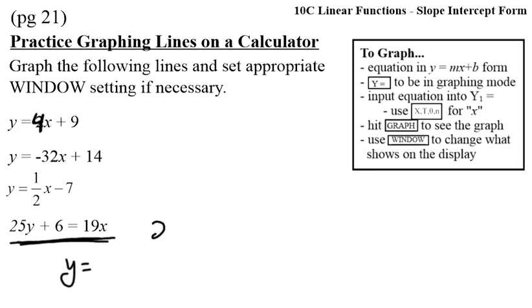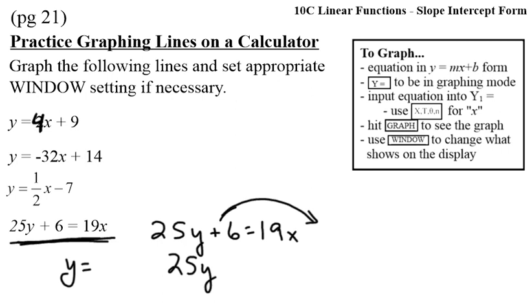So what do I have to do in order to isolate the y? Well, first I need to move my 6 over. That'll leave me with 25y. If I take a positive 6 and move it over, I'm still going to have my 19x, but my positive 6 will become a negative 6 over there.